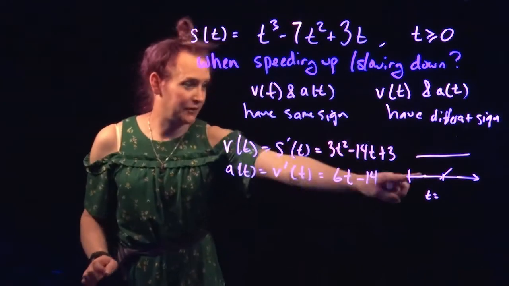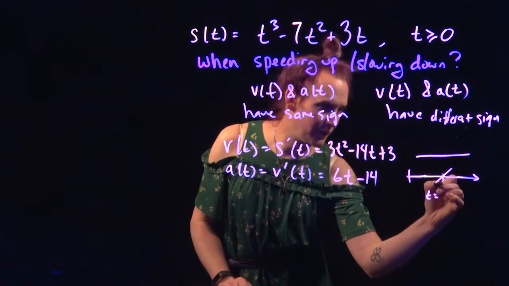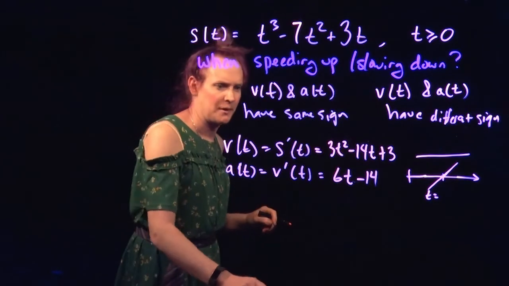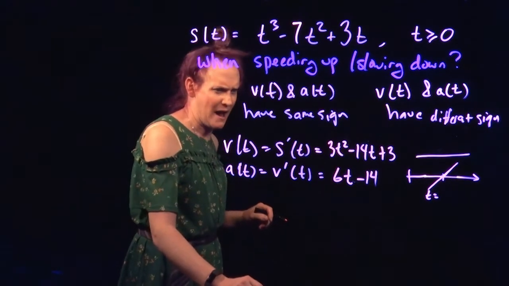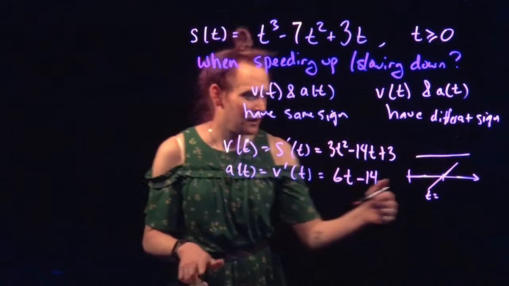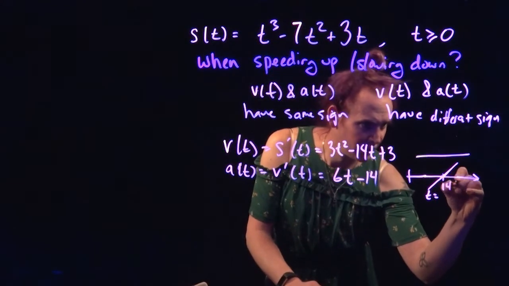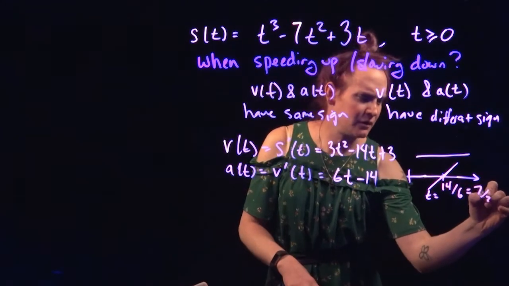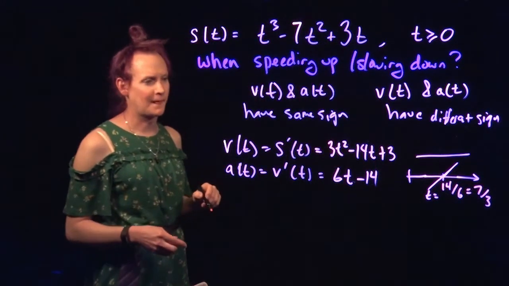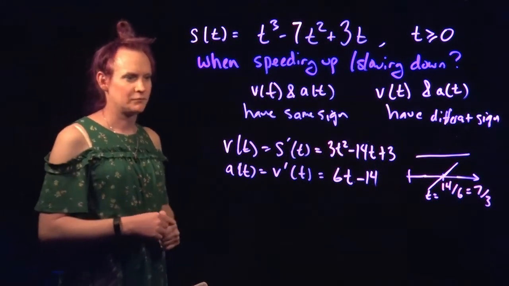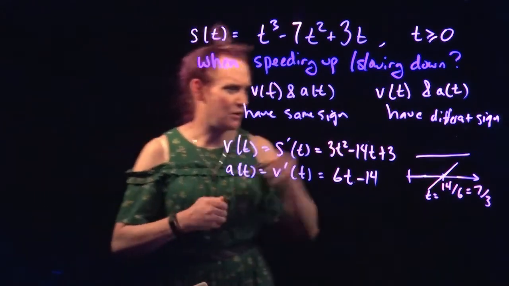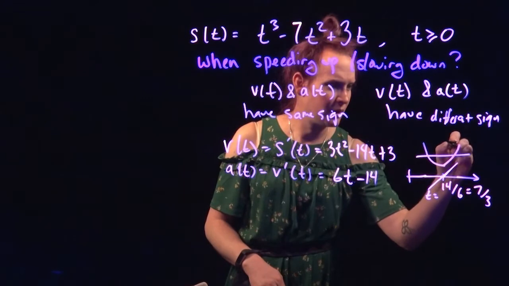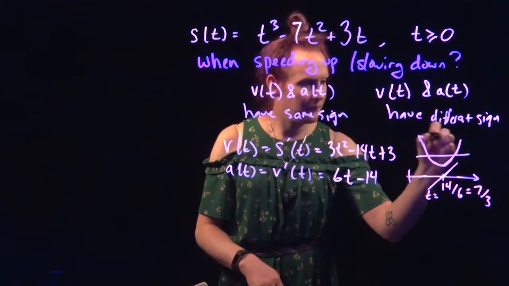It's still a line. The acceleration function is still a line that points up like that, and it's going to cross the x-axis at 14/6, which is the same as 7/3. We're going to have a parabola that opens upward like that.